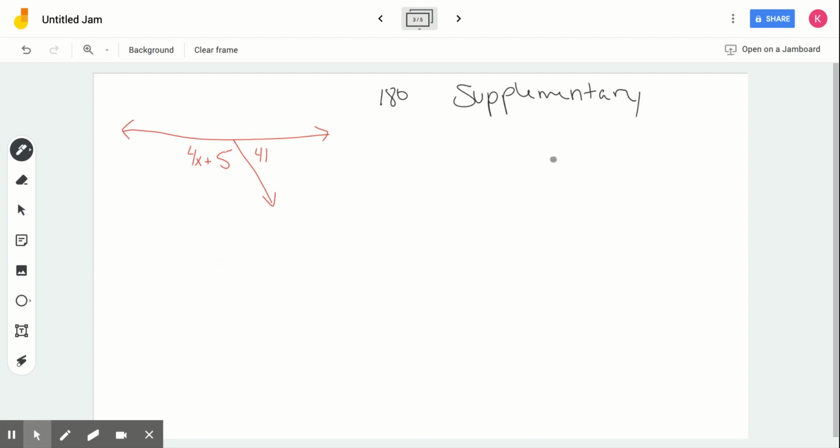Since we know that supplementary angles are 180 degrees, we can write this on the left-hand side: 4x plus 5 plus the second angle of 41 is equal to 180. We can simplify and solve from here.